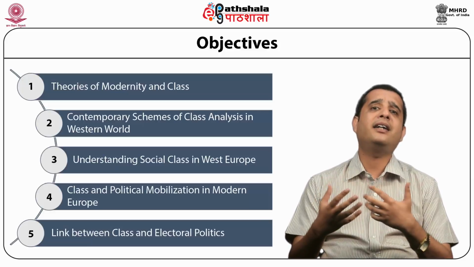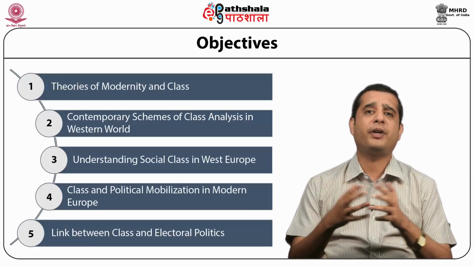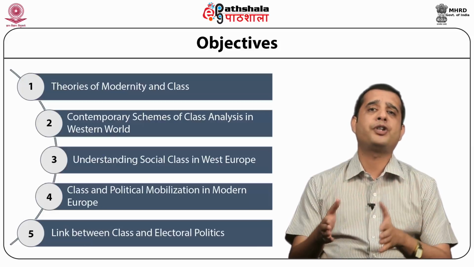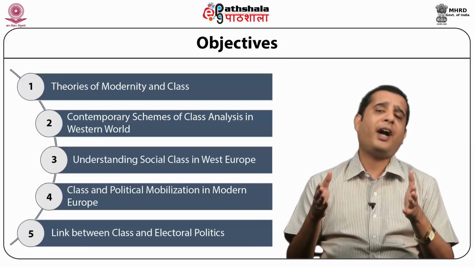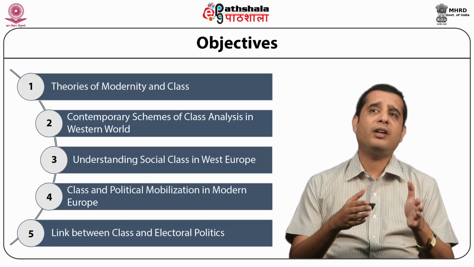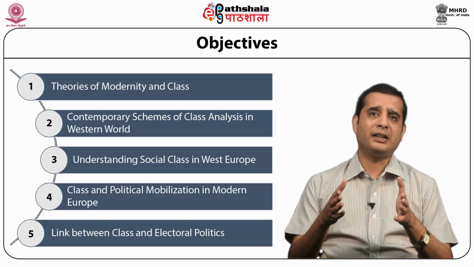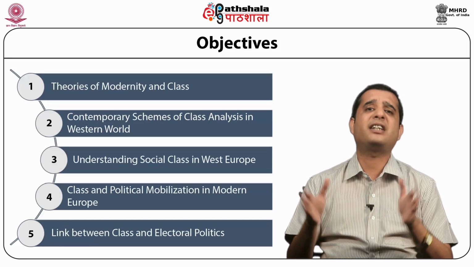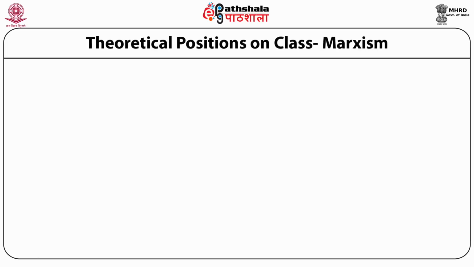The class identity has been played out by different political parties in order to get the votes of different social categories. And we would find that different groups have voted for different parties, and parties have had their political base amongst specific classes. Now students, let me explain some of the important theoretical positions on class.